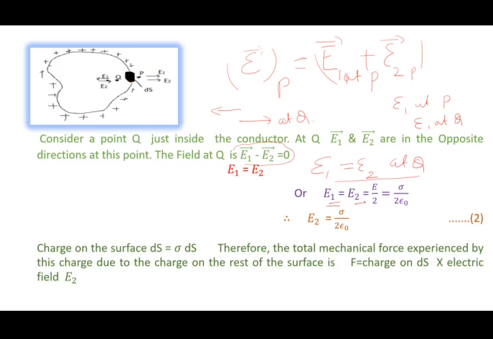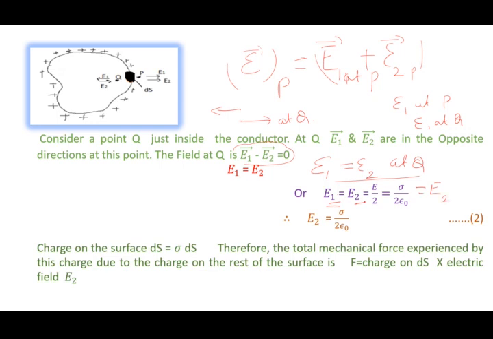Therefore, I can safely say that at point P also E1 and E2 are the same, and E1 plus E2 at point P is given by E. Therefore, E1 is equal to E2 is equal to E by 2, and since E is sigma by epsilon naught, E2 is sigma by 2 epsilon naught.